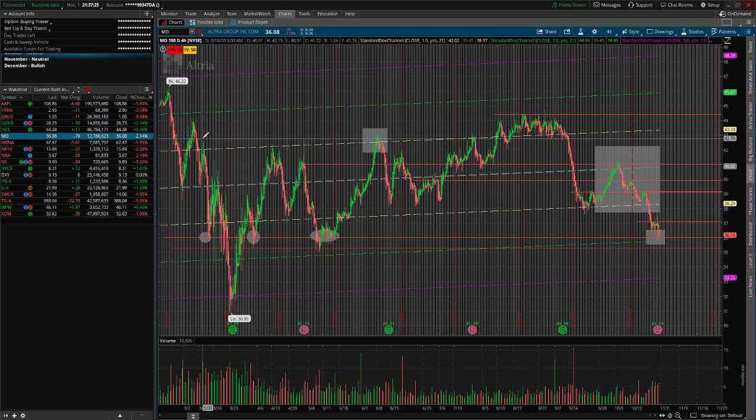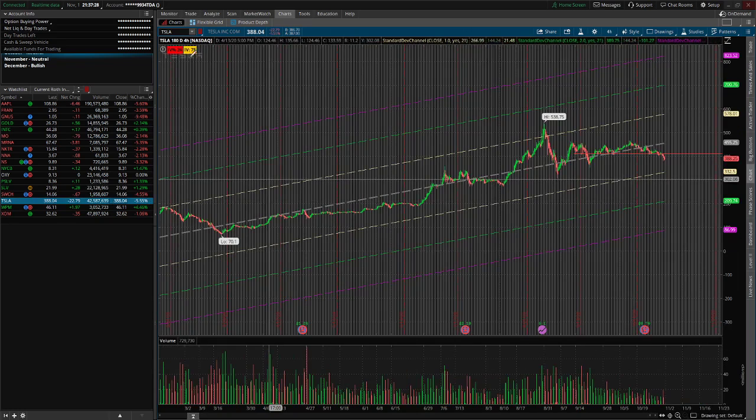Now, with Tesla, for example, Tesla typically travels anywhere from 70 to 140. That's its range. As you can see here, the IV rank in red is at 26%. So there's a 74% chance this implied volatility for this stock is going to go up. So it's actually pretty low.